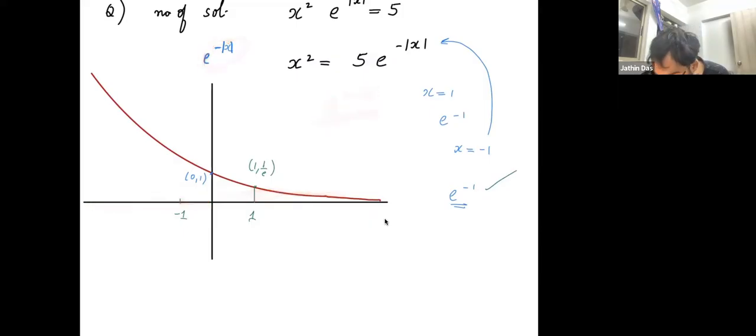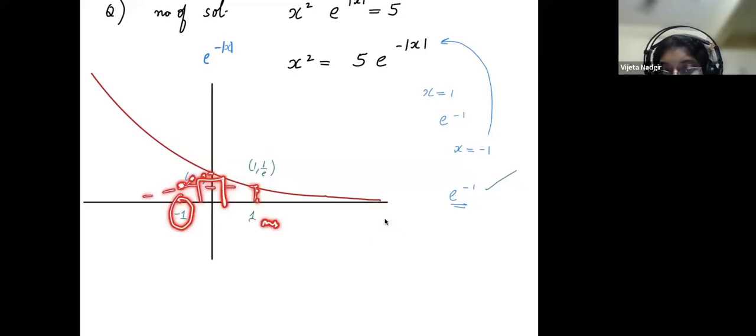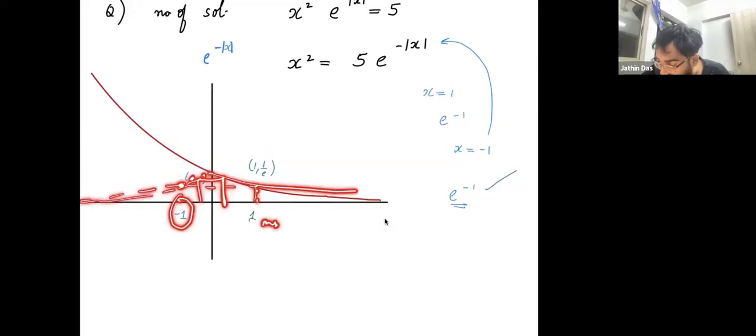The positive, ये अभी -1 का value, it will take this same value that is happening in positive. जो भी negative value डाल रहे हो, e raised to minus mod x will think, अरे you are giving me positive value. It will take this value. So like this, you're getting a mirror image of this curve.